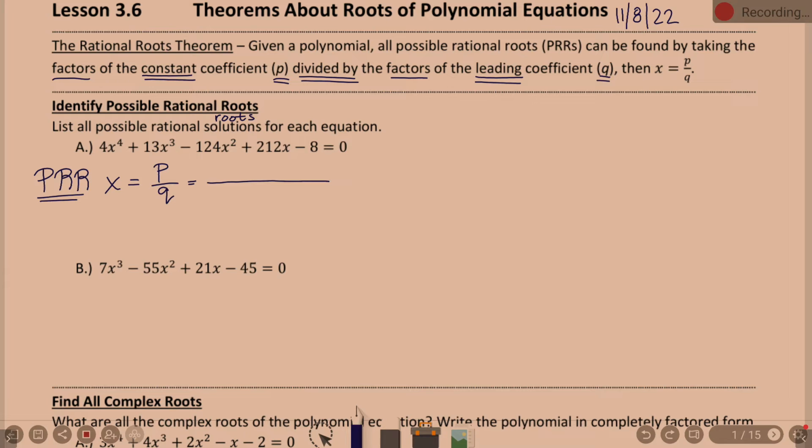If you look at 4x to the fourth plus 13x cubed minus 124x squared plus 212x minus 8 equals 0, what's the constant in this problem? What do I mean by a constant?